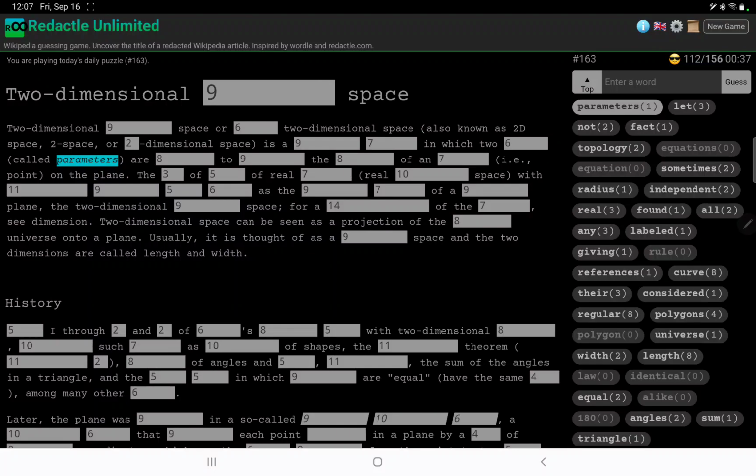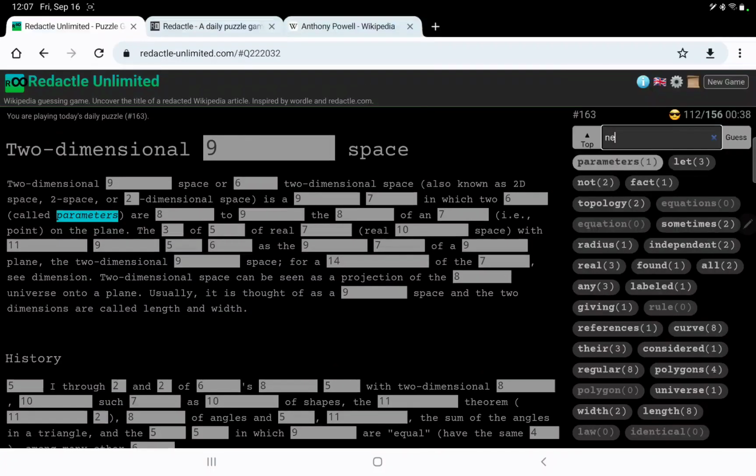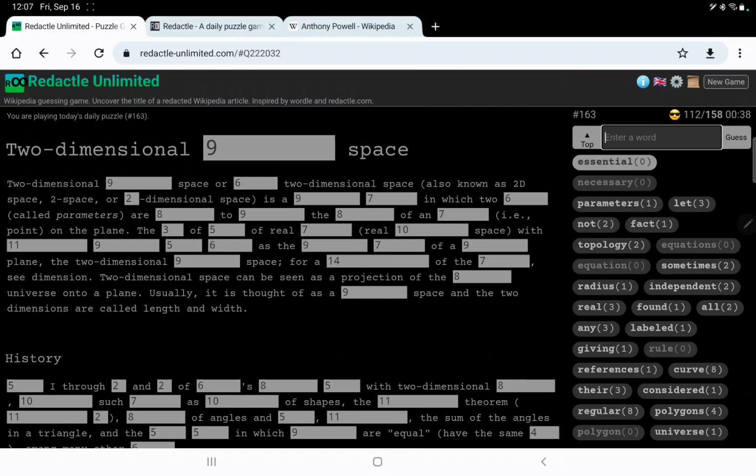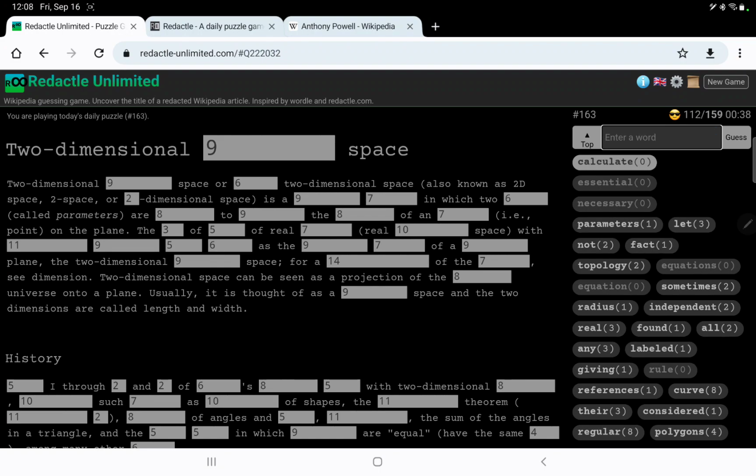Is in which 2 6 are necessary, maybe? Essential. 2 parameters are something to calculate. No, that's 10 letters. And it's not spelled like that. Oh my goodness. Let's try that again. No, calculate.